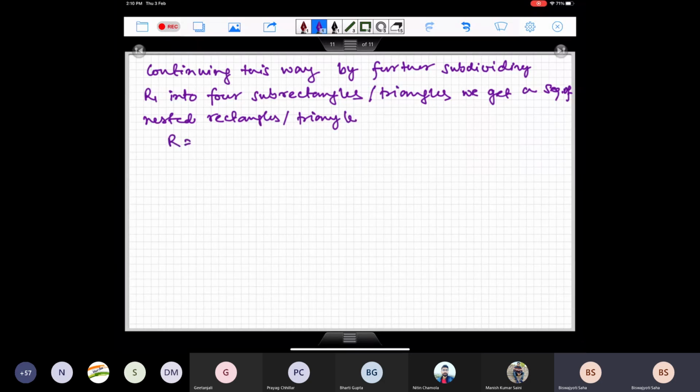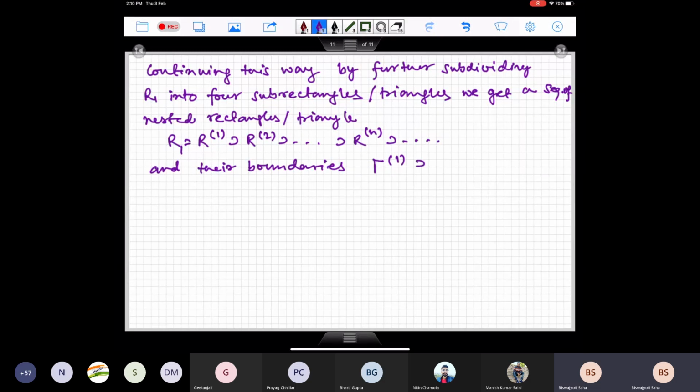Let's say R1 is equal to R. I write it in the superscript, R1, and then I have R2, and so on, some Rn somewhere, and I will keep continuing doing this. We have the boundaries also along with the rectangles or the triangles: gamma 1, gamma 2, and so on, gamma n.